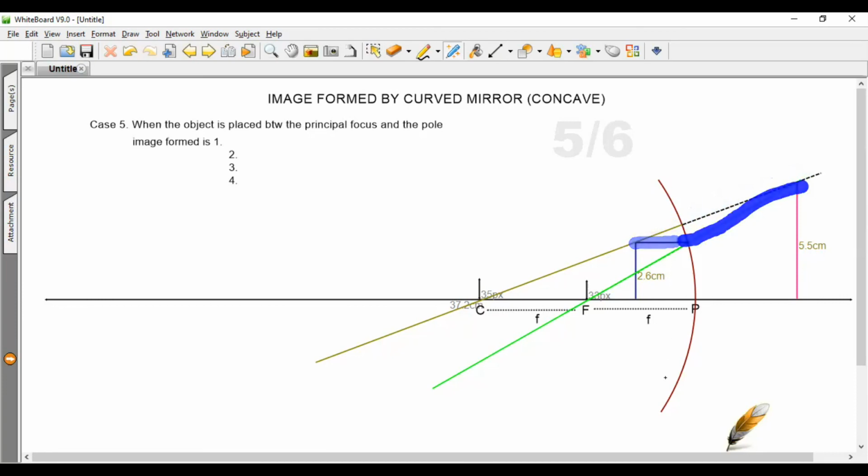This time around it's not coming down. So what do we have? We have an erect image. Let's first of all do that. We have an erect image.